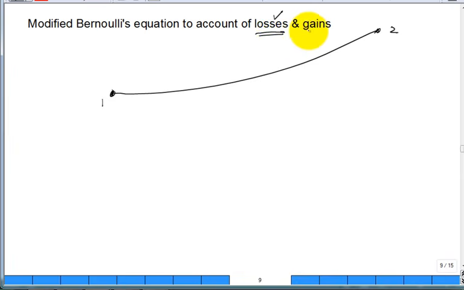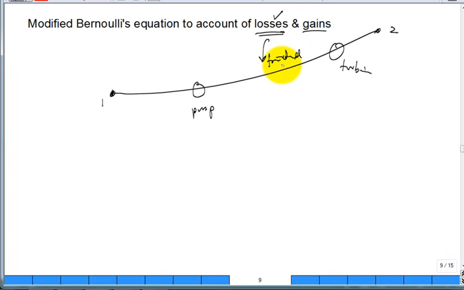How about a gain? Well, you put a pump in there. So a pump would be a gain. You could have maybe a turbine be a loss. So a device that extracts energy out of the flowing fluid, like a hydraulic turbine, or a pump. Or you could have just some frictional losses. Frictional, they could be major losses.